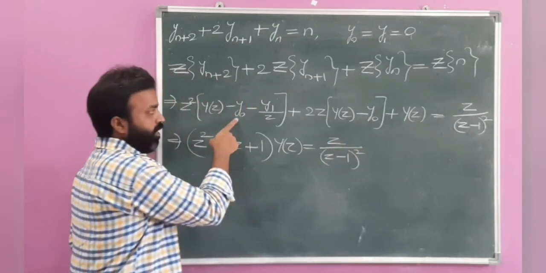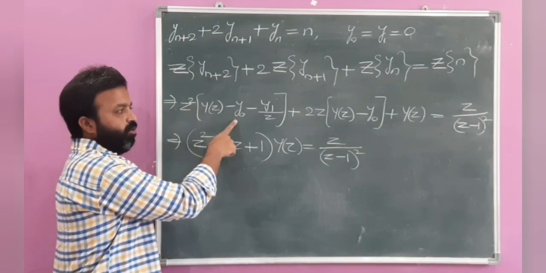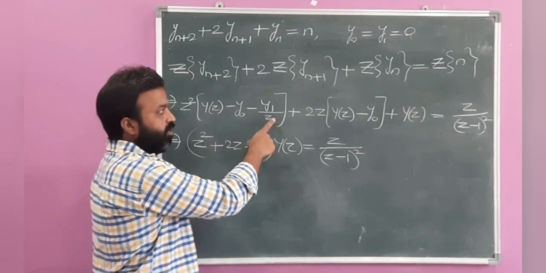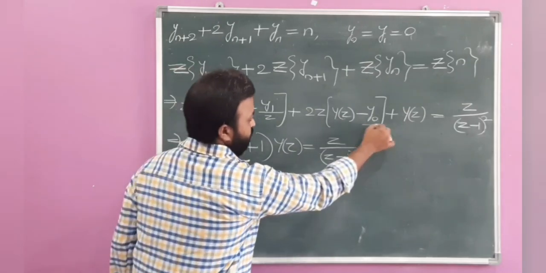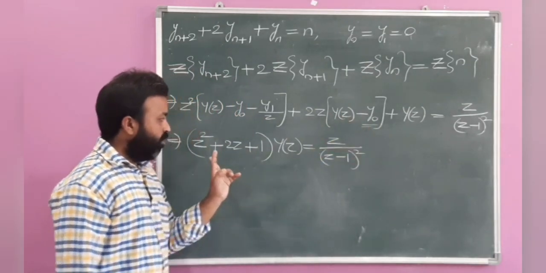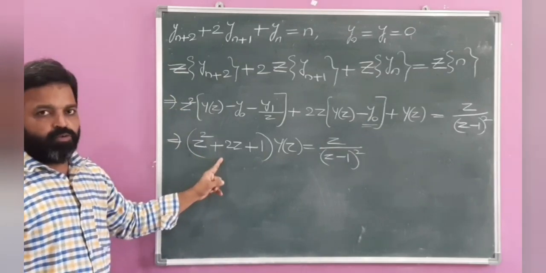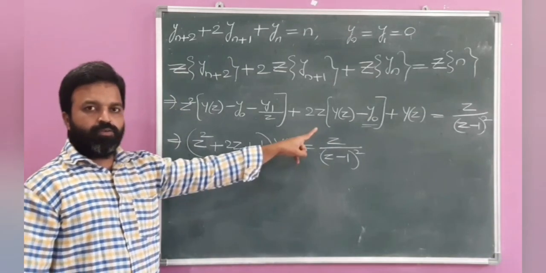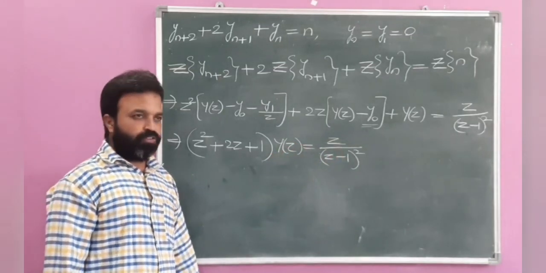Because by substituting y0 is 0, the term will become 0, and y1 is 0, then this is also 0. Similarly here, by substituting y0 equal to 0, we get 0, then the remaining terms are z square plus 2z plus 1 into y of z equal to z by z minus 1 whole square.